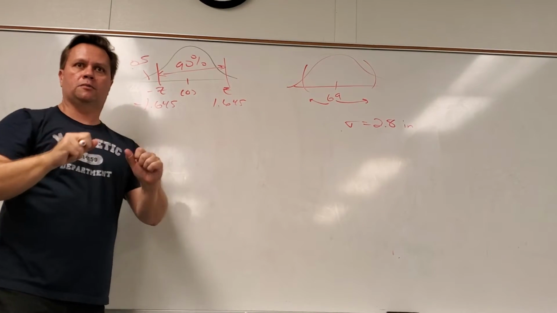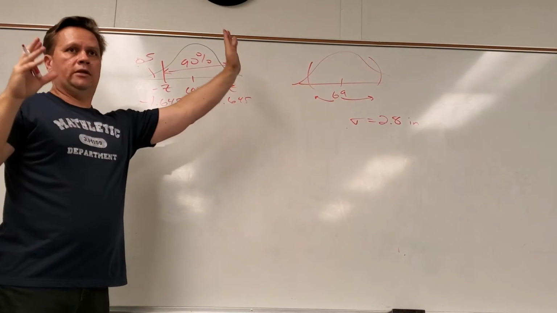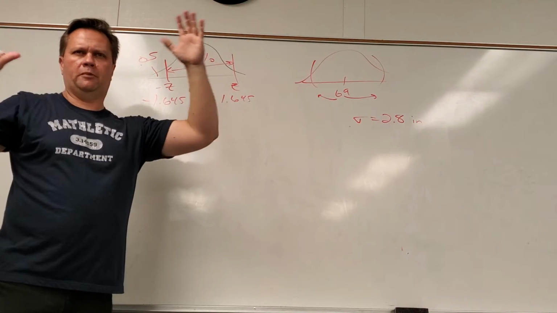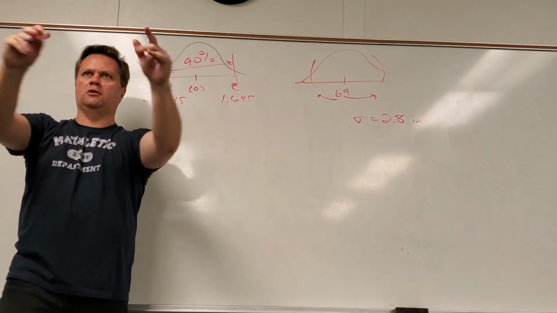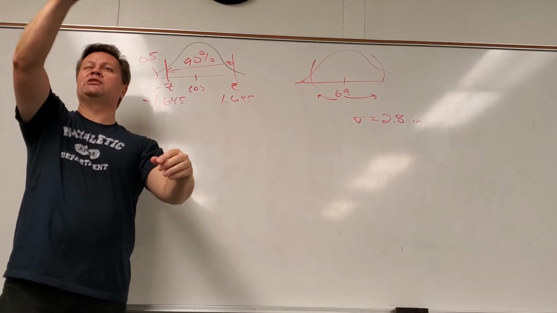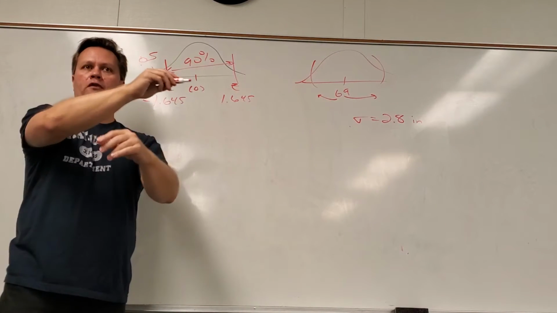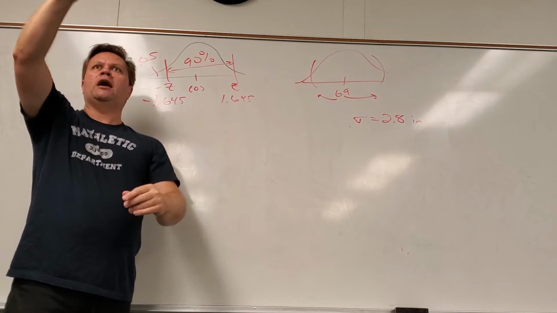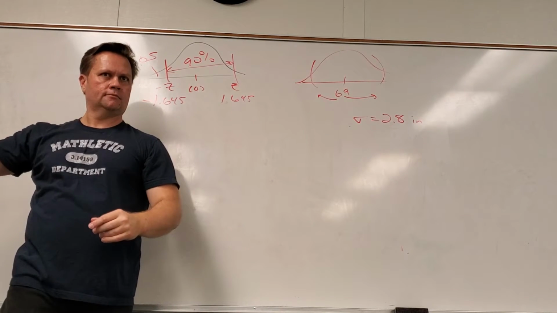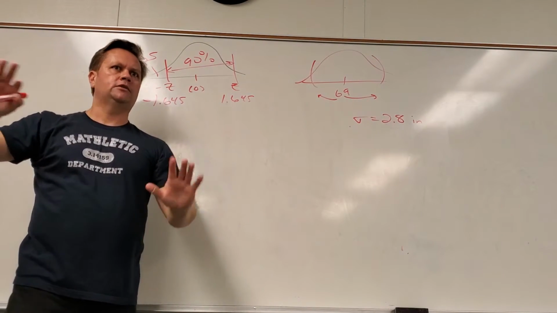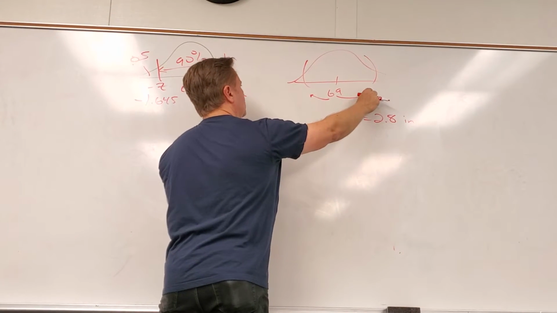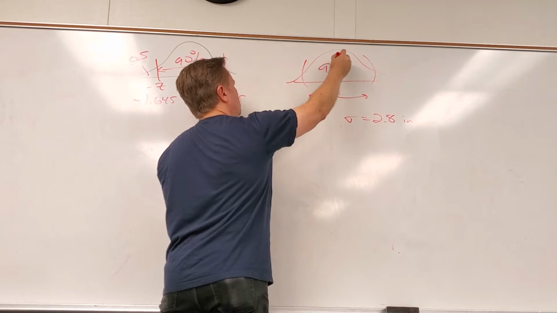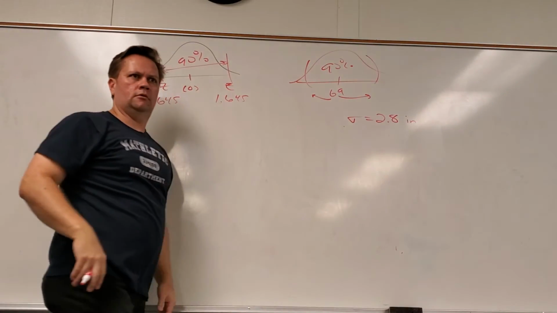Let me make sure you guys are with me. Heights are normally distributed. I expect people to be close to the middle and very few out here. That's one reason why you call it a normal curve. I want to know between what 2 heights I would find 90% of all men.